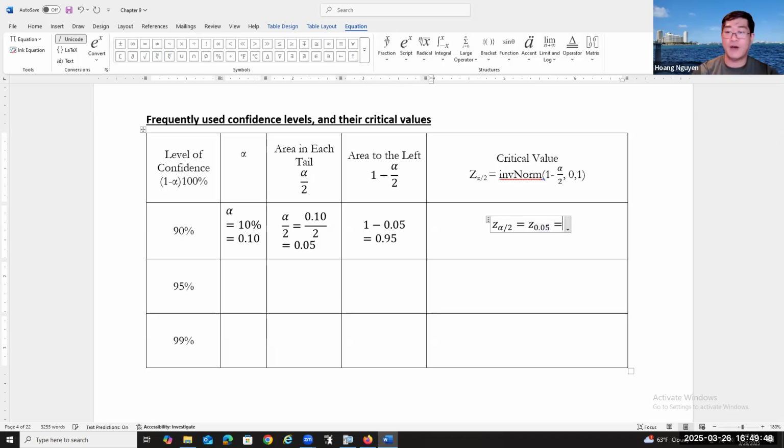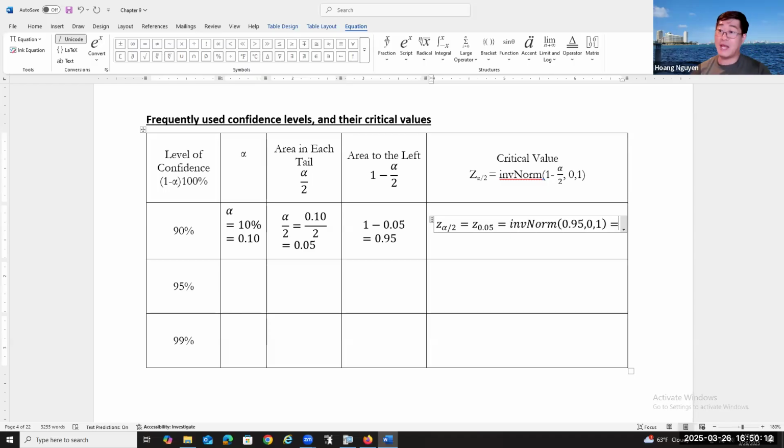So we want to find the critical value such that the area to the right is 0.05. So it's equal to inverse norm of 1 minus alpha over 2, which is already calculated, so that's 0.95, with the mean of 0 and the standard deviation of 1.